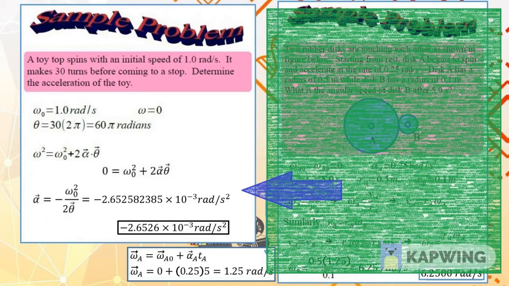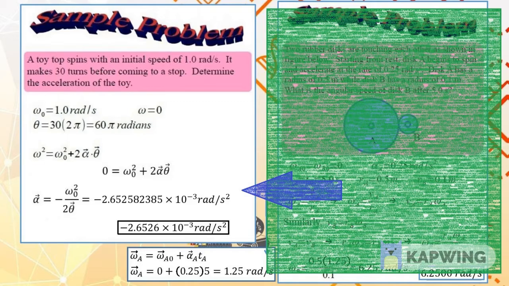With that said, you have 4 equations in the list to choose from for uniform angular acceleration. If you look at the third equation in the list, omega squared is equal to omega initial squared plus 2 alpha theta.